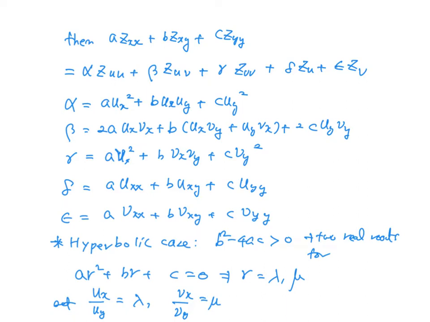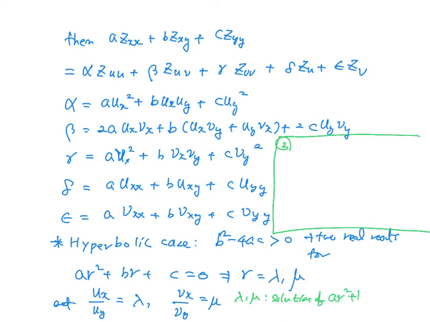Then what happens? Because lambda and mu are solutions of this equation, a r squared plus b r plus c equal to 0, right?